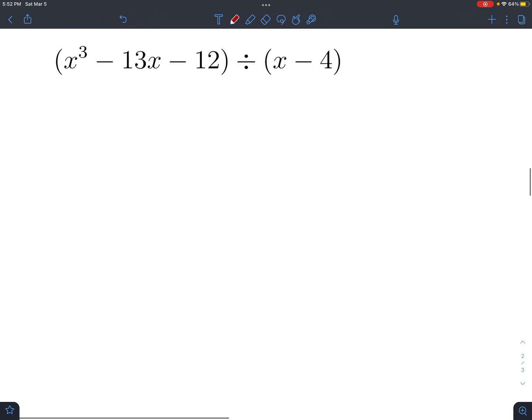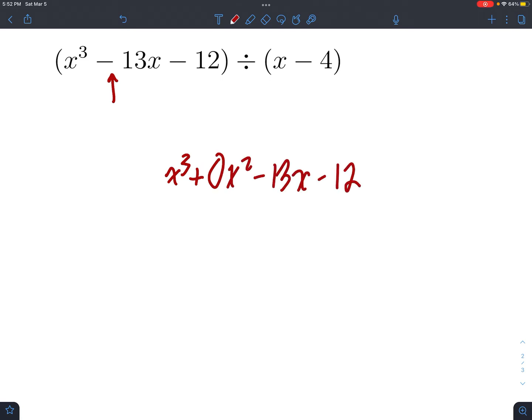All right, 2 more. So let's take a look. We are missing terms in here. You see, we're missing an x squared. So when I write this out, I put my 0 in there. Okay.